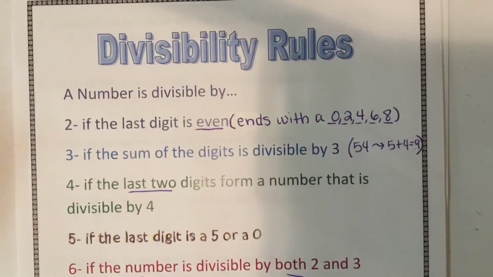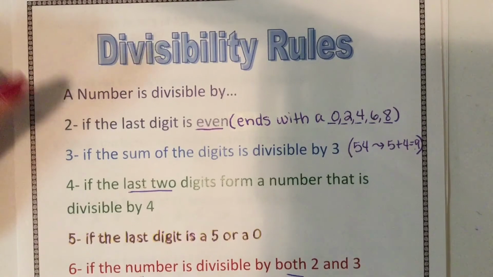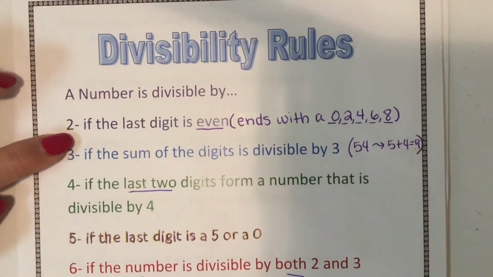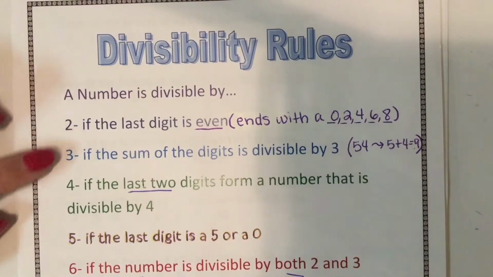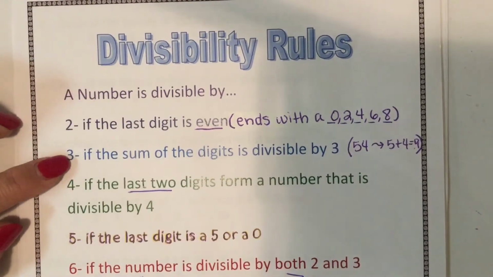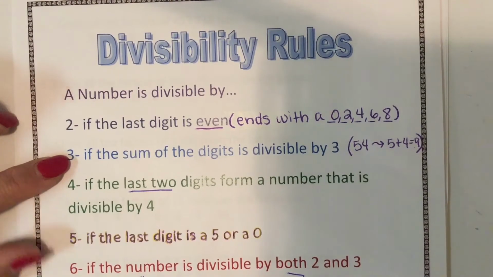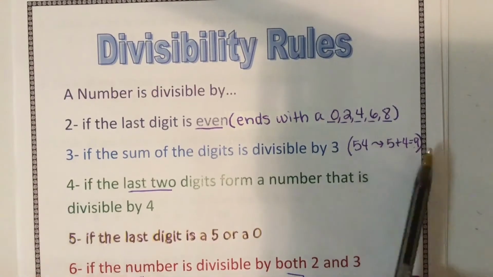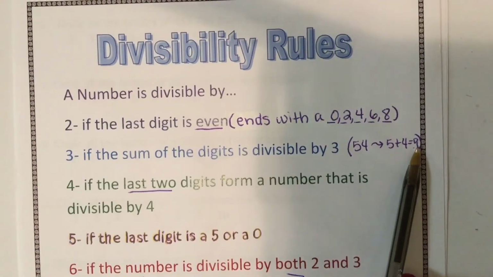Okay, so let's review divisibility rules. The number is divisible by 2 if it ends in a 0, 2, 4, 6, or 8. A number is divisible by 3 if the sum of the digits is divisible by 3. So 54: 5 plus 4 equals 9, then it's divisible, 3 goes into 9 evenly.